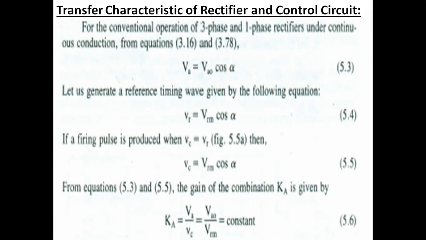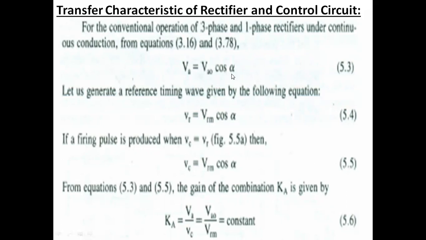Now the transfer characteristics of the control unit can be selected to match the transfer characteristics of the converter also. So I am using this for considering the transfer characteristics of the combination. If you take the conventional operation of 3-phase and single-phase rectifiers under continuous conduction only, no discontinuous conduction, from equations 3.16 and 3.78 we can write Vd = Vdo cos alpha.